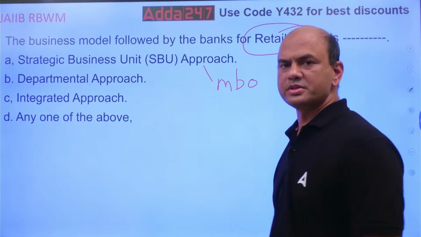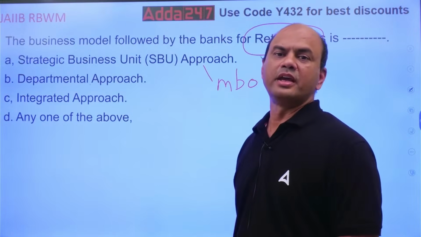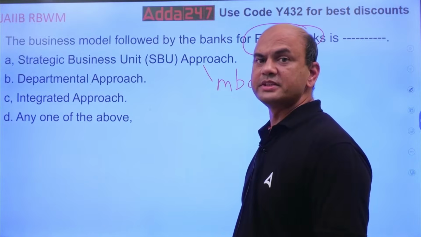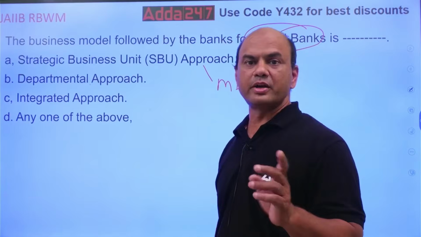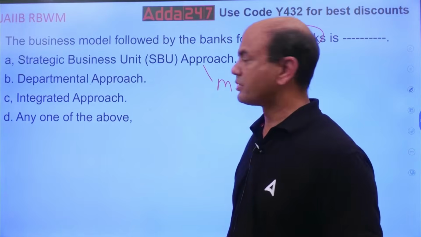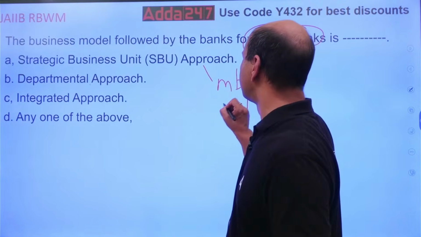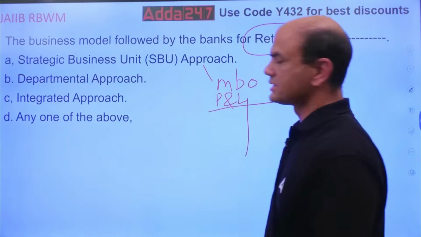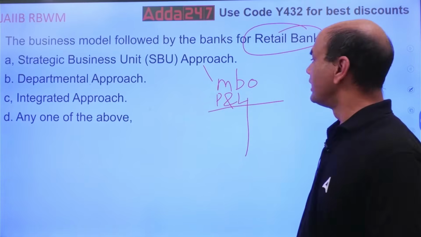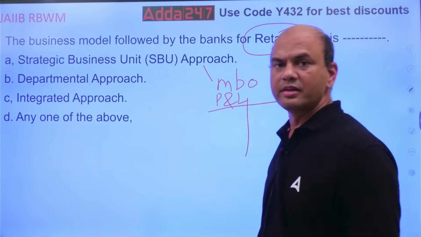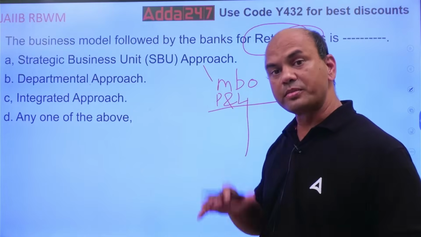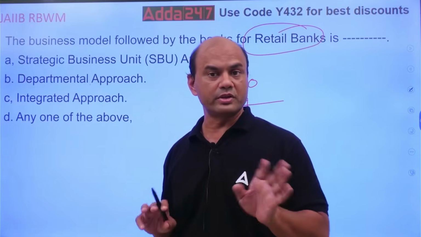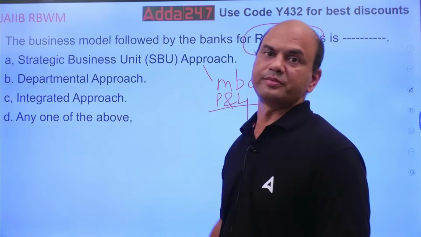In SBU approach, every branch is a SBU. Means this branch will not get any support from head office. This branch has to maintain its P&L. Okay, P&L it has to maintain separately. Every branch has to maintain P&L. And when they maintain this P&L, their expenses should be from their profits only, from their income. Head office will not support you. That is known as SBU.